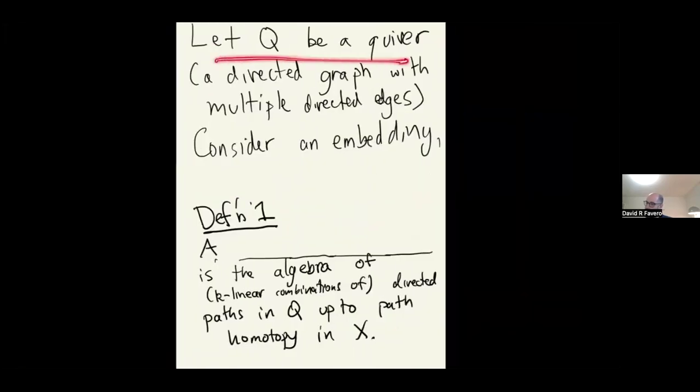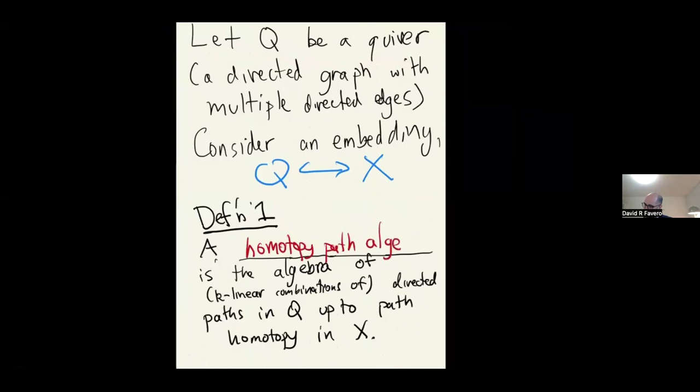I'm going to let Q be a quiver, and I'm going to consider now an embedding of that quiver into some topological space X. Okay. And I want to define a homotopy path algebra. It's going to be this algebra KQ, or the algebra of K linear combinations of directed paths in Q, okay? But up to path homotopy in X.